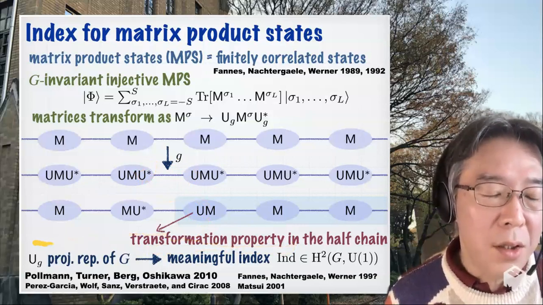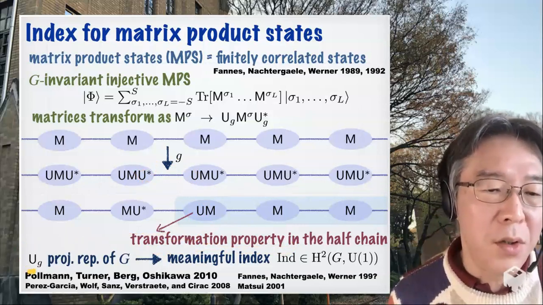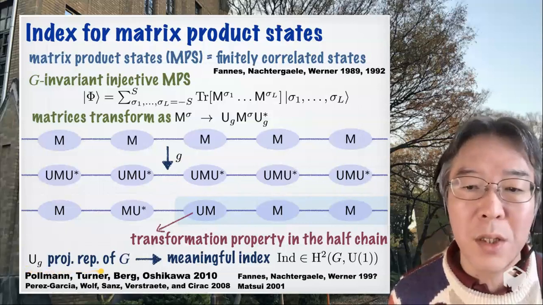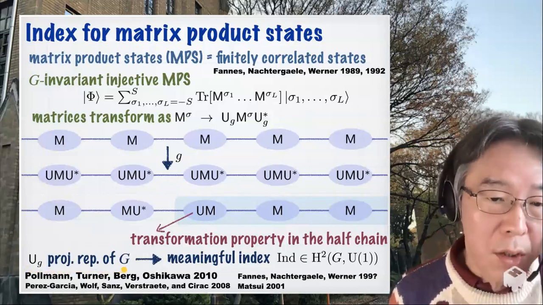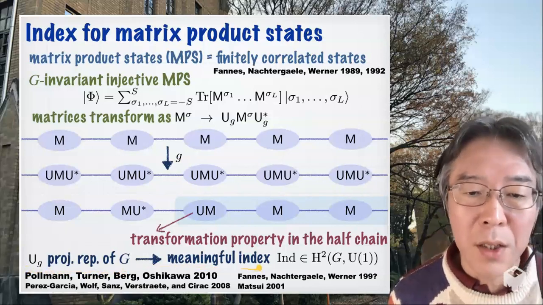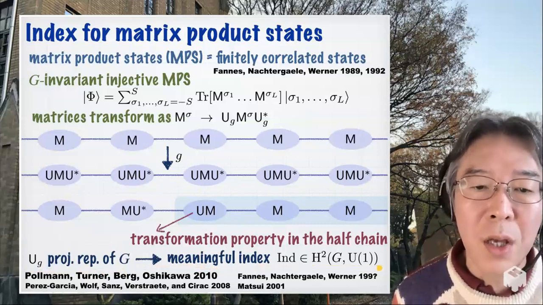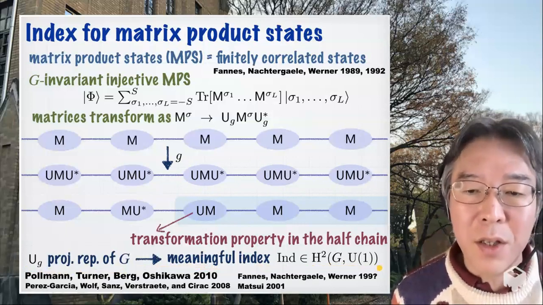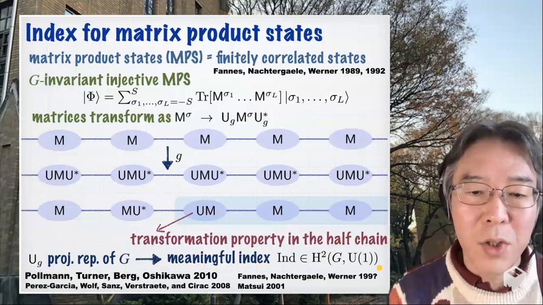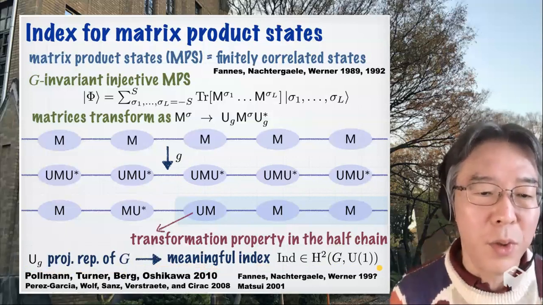And it is actually found that this U_G defines a projective representation of G. And from this, you can define a meaningful index, Ind, which lives in the second group cohomology. And actually, this gives the precise value of the indices that we discussed in these examples. So this is what we wanted.